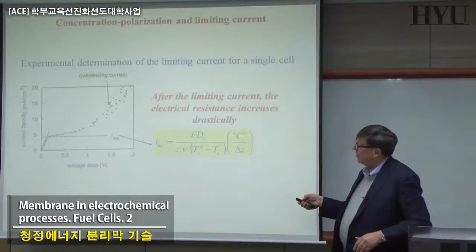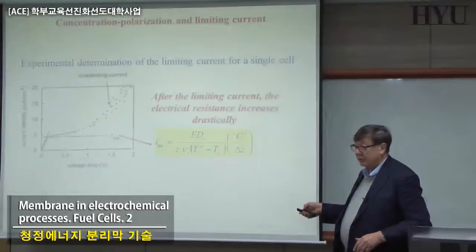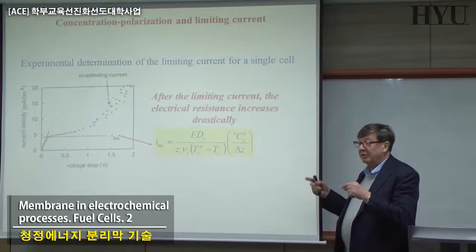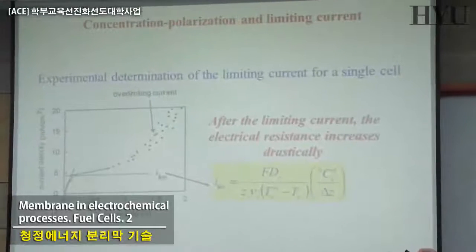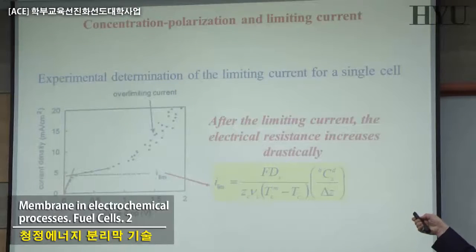If you measure the current density as a function of the voltage drop in your system, initially you are just increasing the driving force, your voltage, and the current density increases linearly, as expected from this equation. But arriving at a certain value, the limiting current, the expression we saw before, the resistance increases drastically, and you have a totally different behavior in this system.